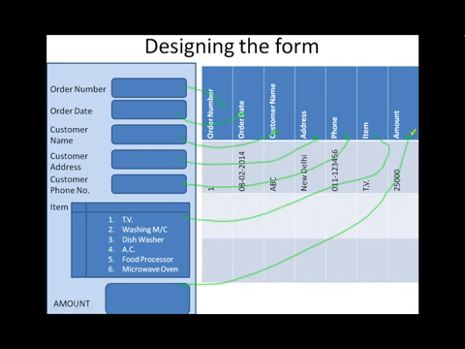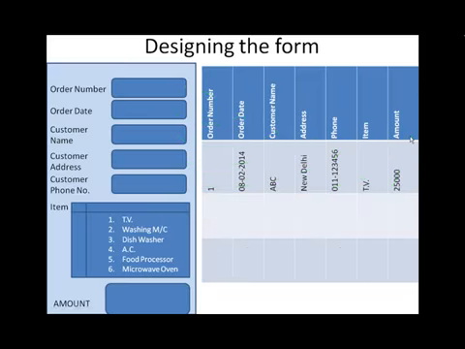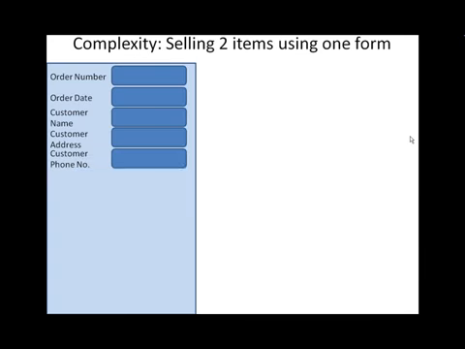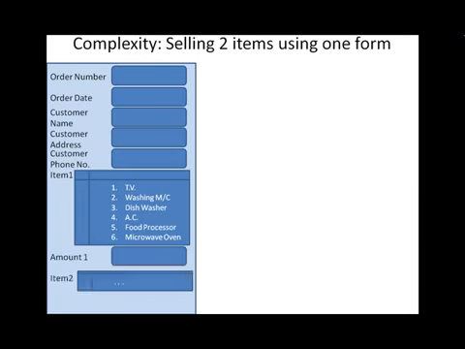So I modified my application to look something like this. Since he had 2 items to be stored or to be given, the modification made was that there was a place to put in item number 1, amount 1, and there was also a place to put in item number 2 and amount 2.